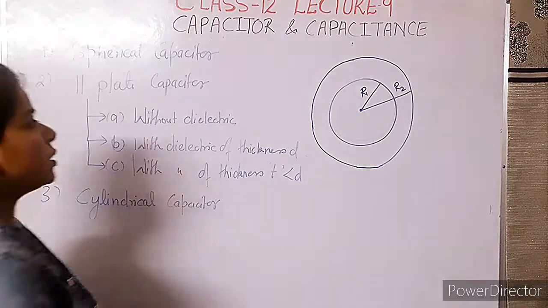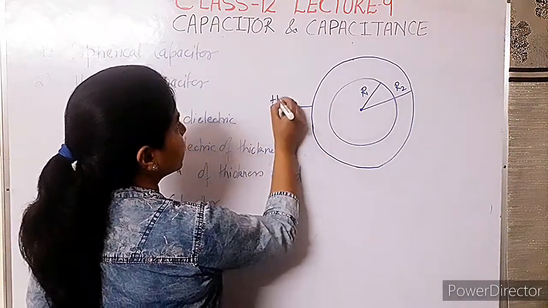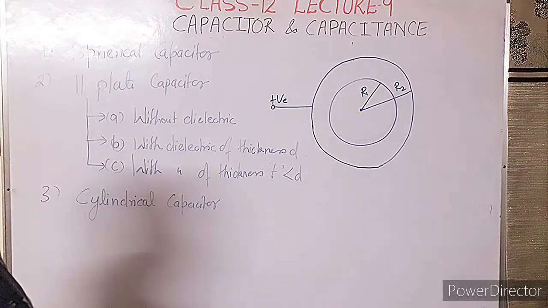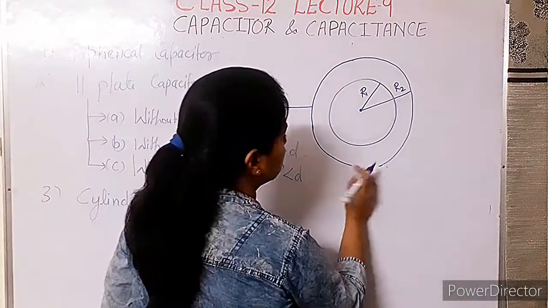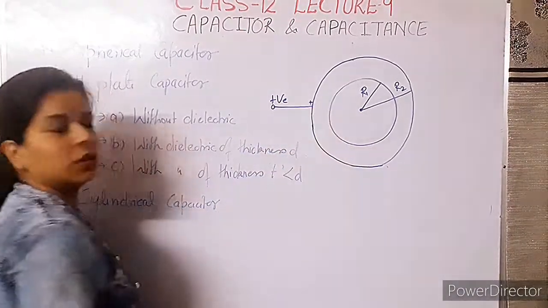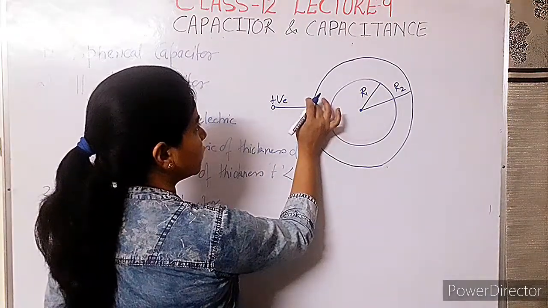We are taking the case here where we have supplied the positive terminal to the outer sphere, so the outer surface becomes positively charged. What will happen to the inner surface? Negative charge.